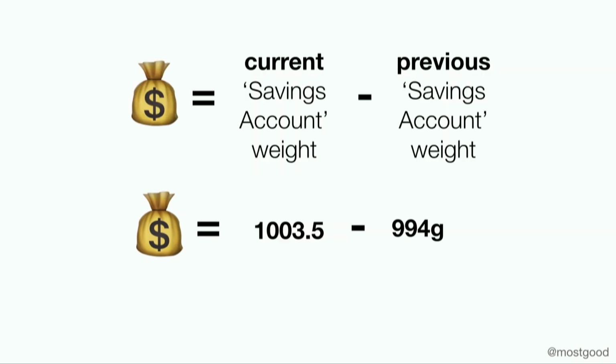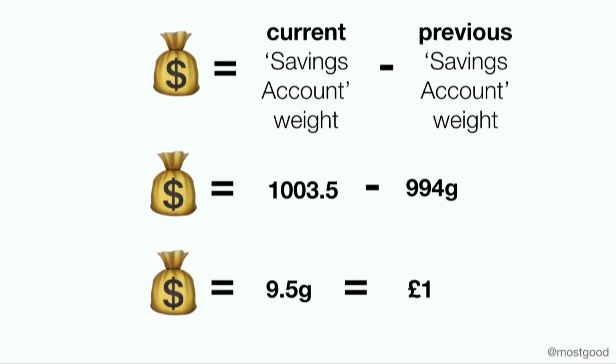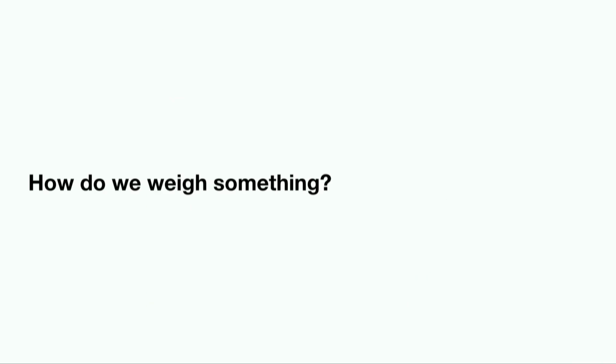For example, currently our savings account weighs 1,003.5 grams, and previously it weighed 994 grams. If we subtract the two, we get 9.5 grams, which is a 1 pound coin. I apologize, I didn't localize this into euros here. I operate in pounds.